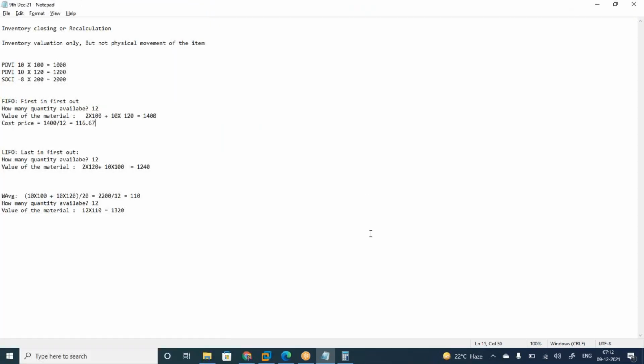Any questions here? Even if you map FIFO, LIFO or weighted average, anything, inventory closing must be executed. Then only it will affect the balances. Any questions here?